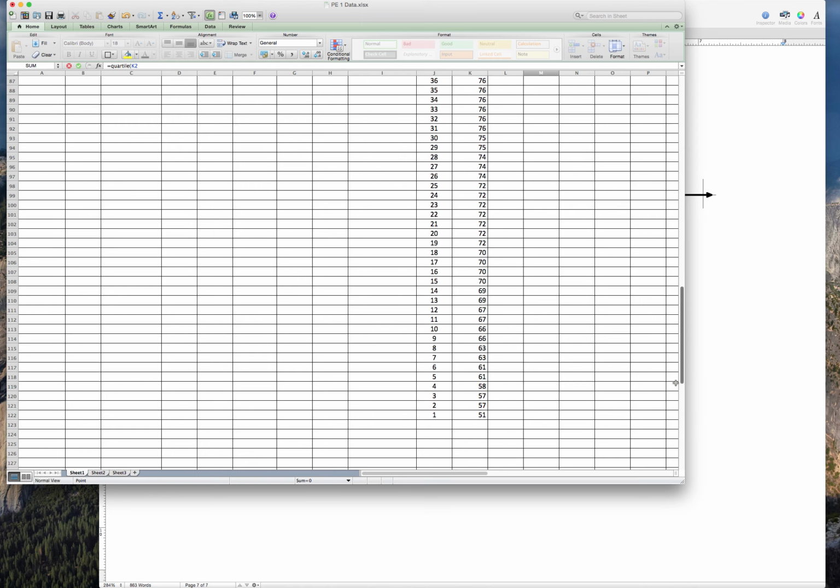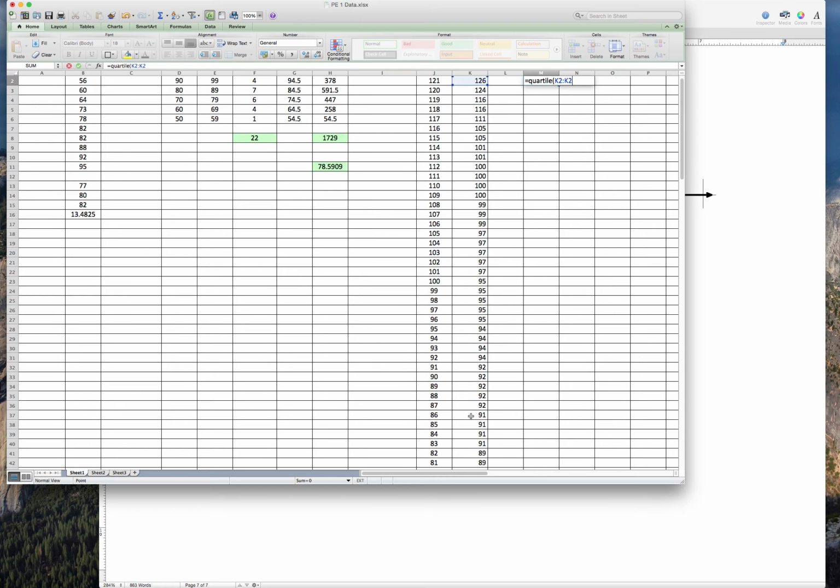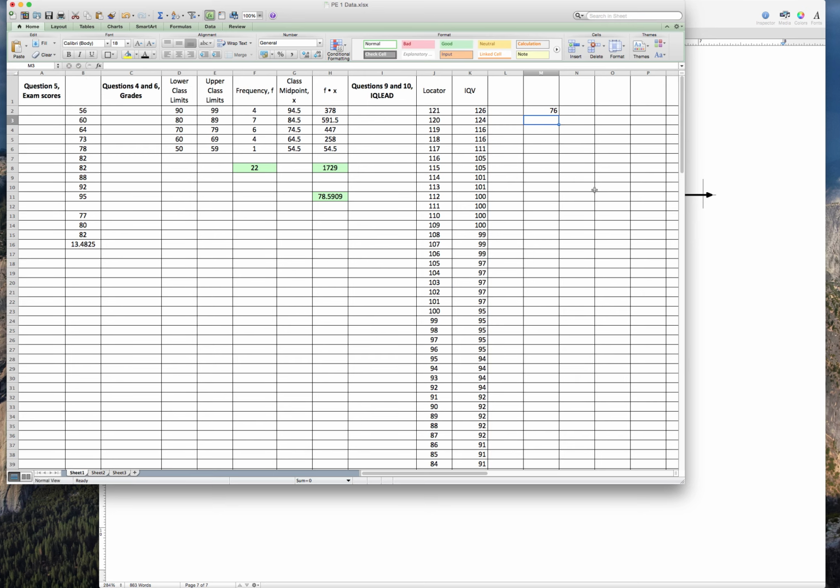So I tell it all the values K1 or K2, and I enter a colon, and K122. And then I type a comma. Now what quartile do I want? Well, I want quartile 1, so I type a 1, and I close my parentheses and hit enter, and it'll give me quartile 1, which is 76.